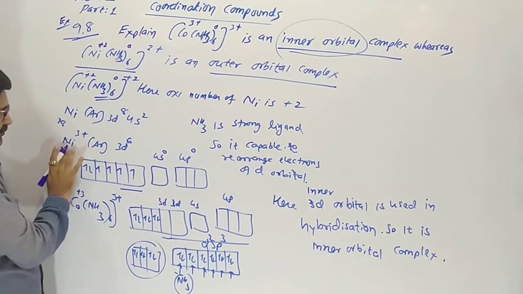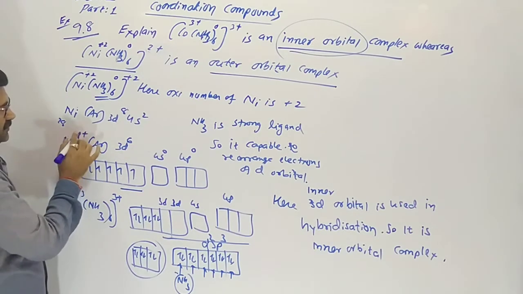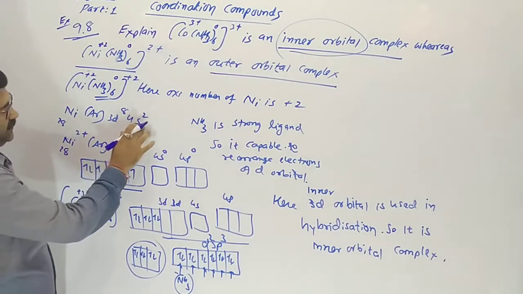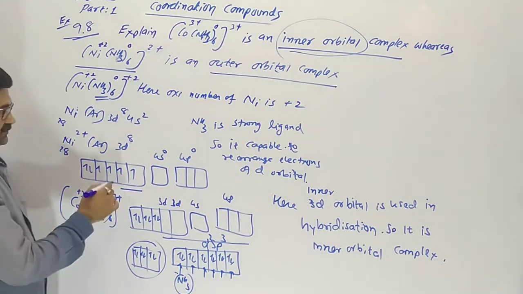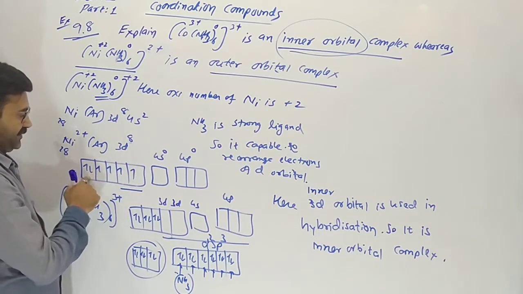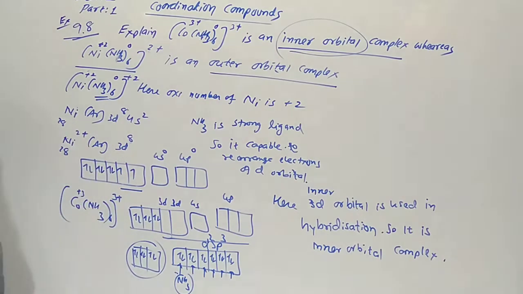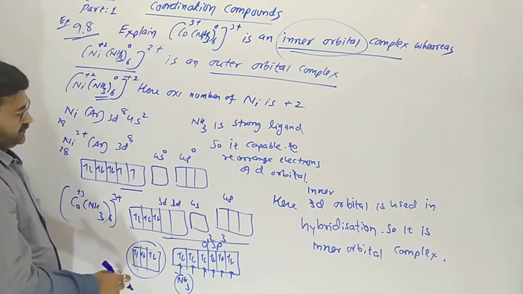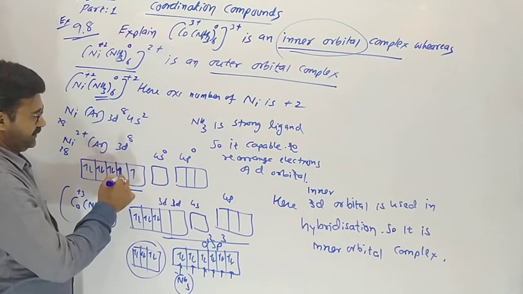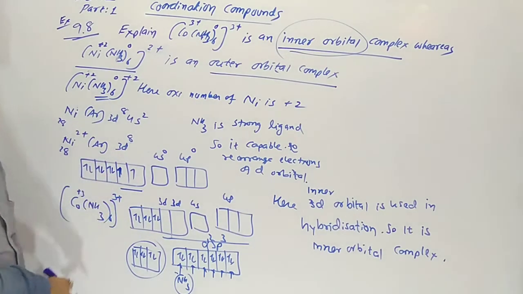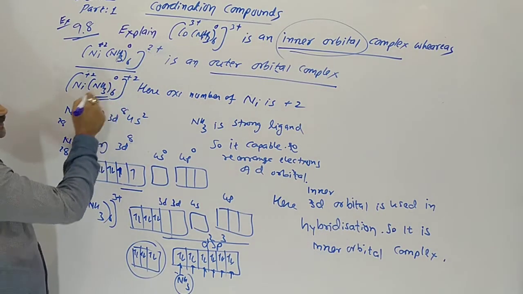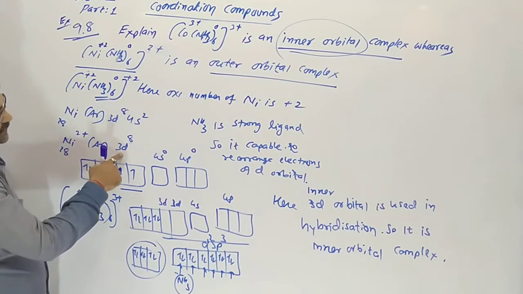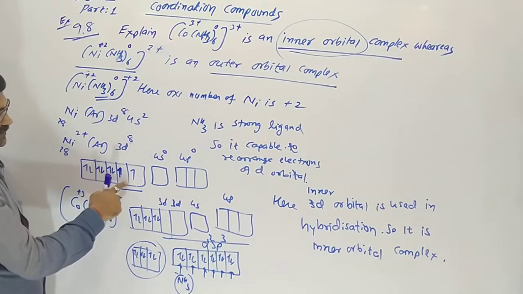Here nickel 28, so in plus 2, 4s0 and 3d8. 1, 2, 3, 4, 5, 6, 7, 8 electrons are there.